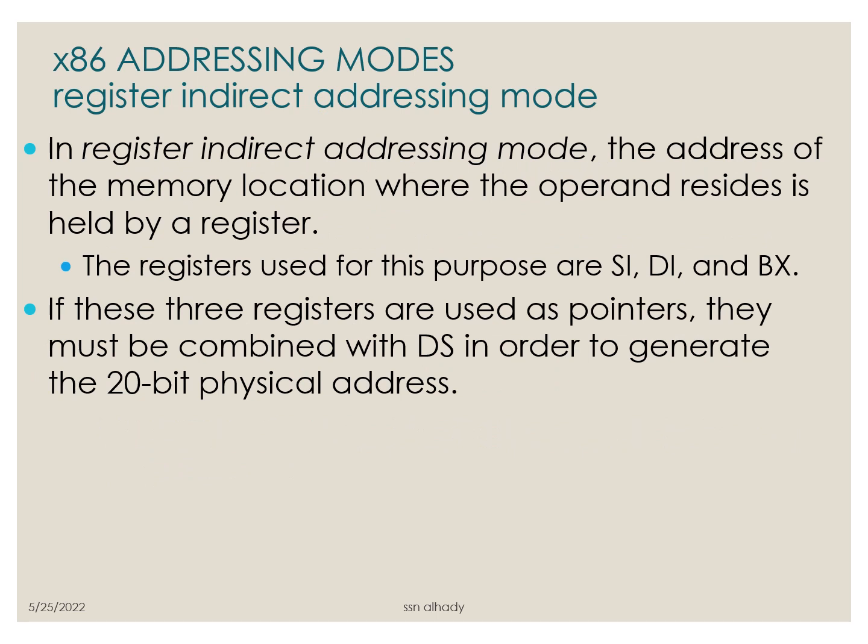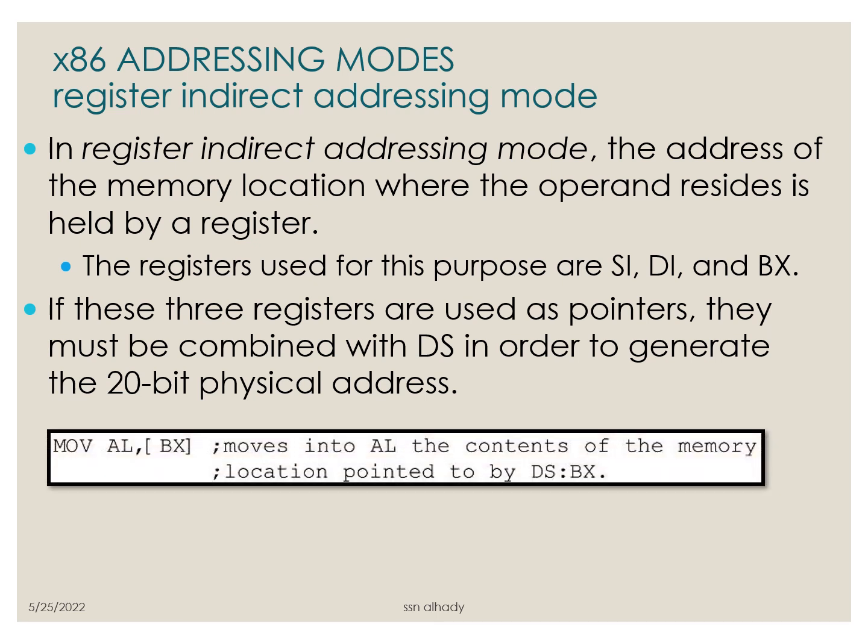Okay, and then we have register indirect addressing mode. If you look, anything in the bracket is considered a location, not the value. So in here, the value of BX will point to the location. Actually, the value of BX is the offset.